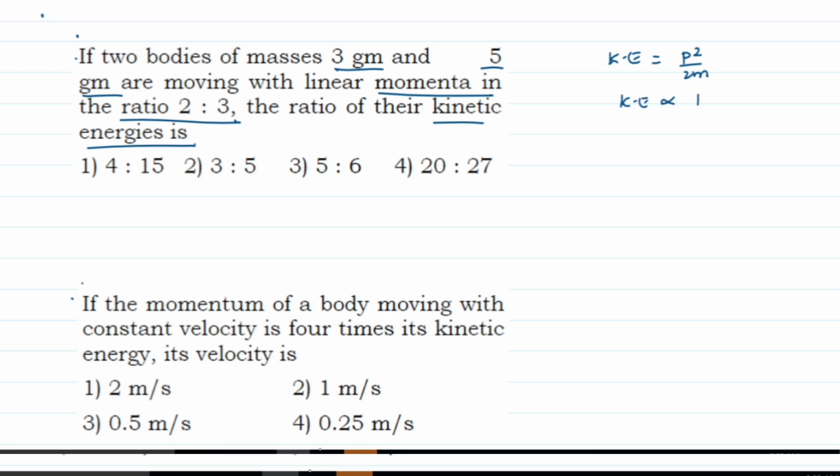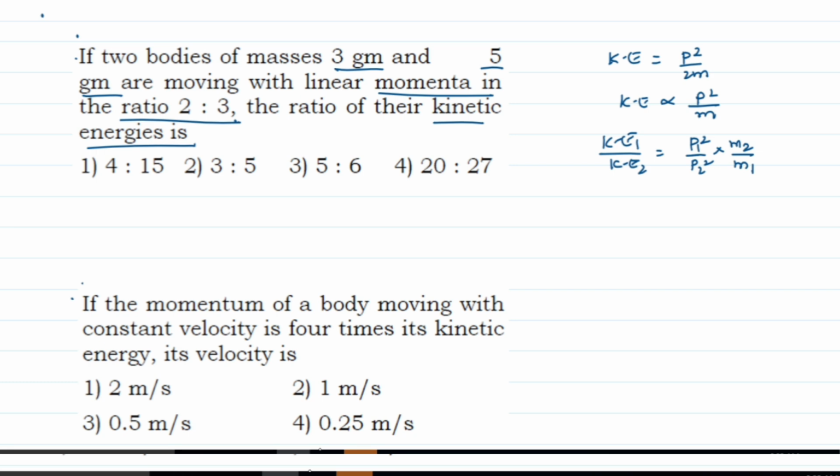So kinetic energy is directly proportional to P square by mass. Then the ratio of kinetic energies, KE1 by KE2, is P1 square by P2 square into M2 by M1.